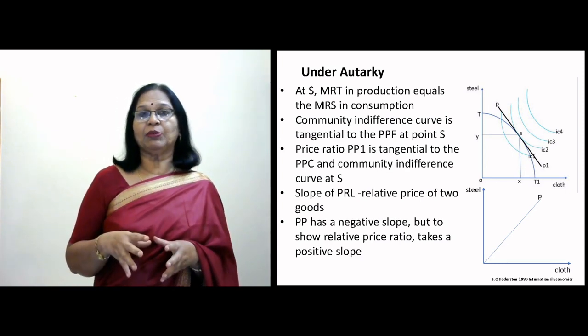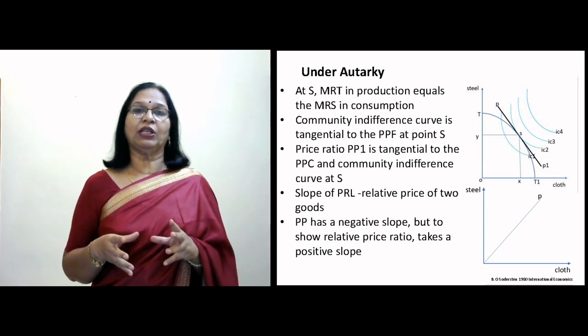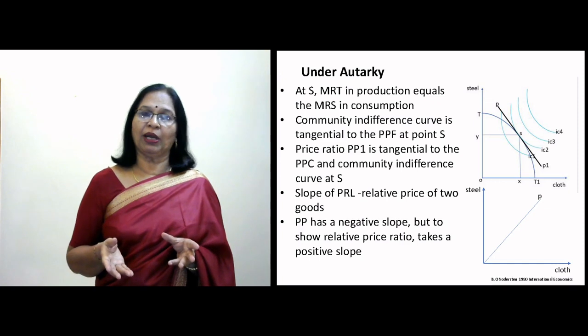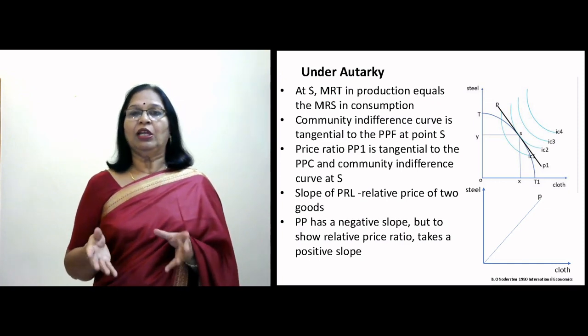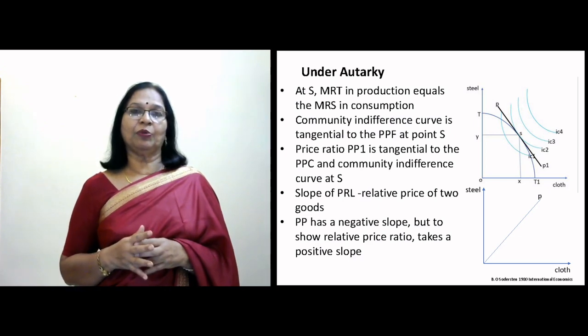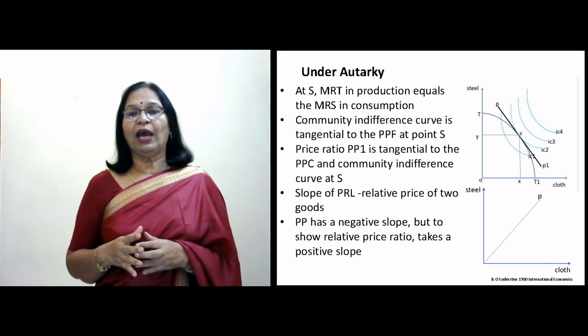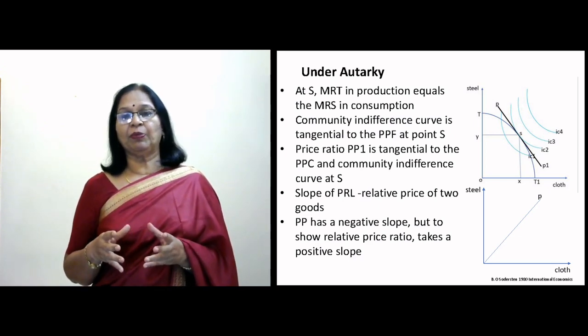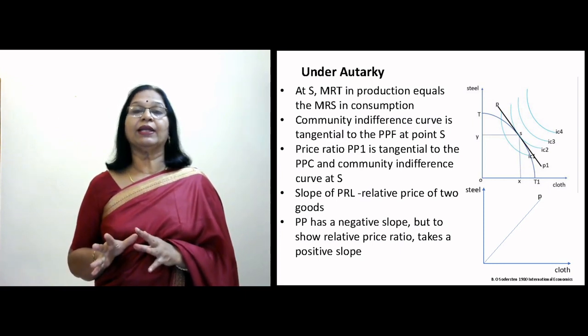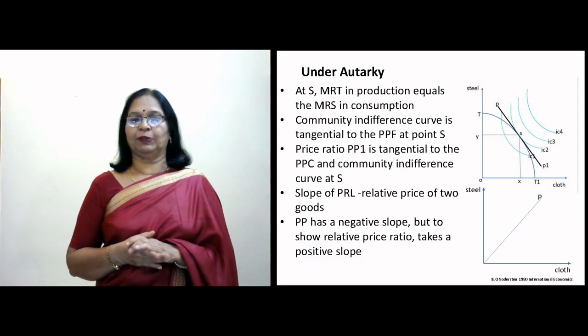The production possibility frontier shows the quantities of A and B, or X and Y, that can be produced by the country with the available limited resources. So T1 is the production possibility curve, and the quantity that it may want to produce is OY of steel and OX of commodity cloth.